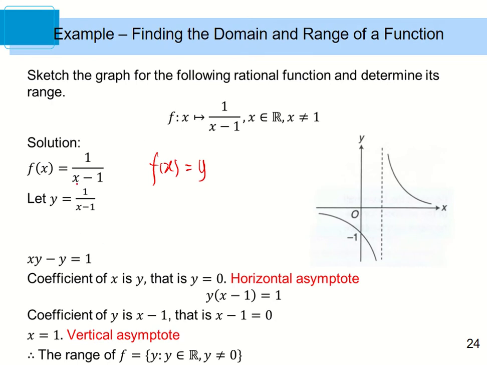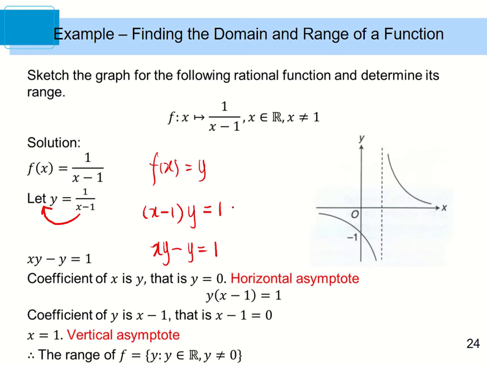When we expand this, we bring the x minus 1 to the other side and it becomes multiplication. We have x minus 1 multiplied by y equals 1. Expanding further, we have xy minus y equals 1.